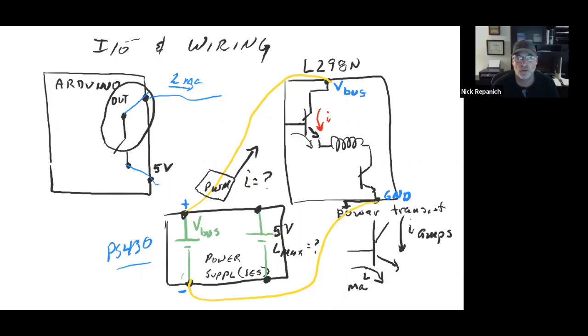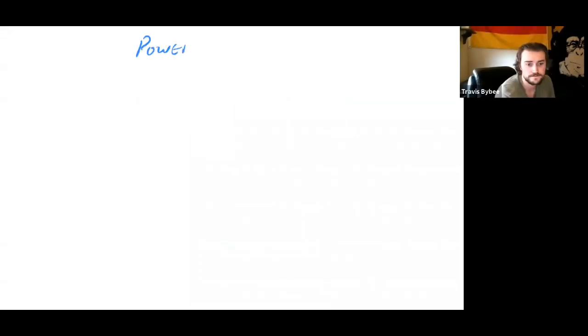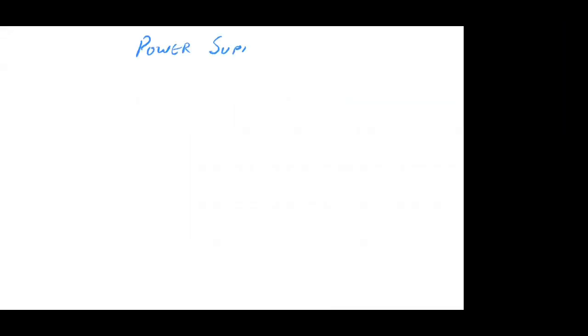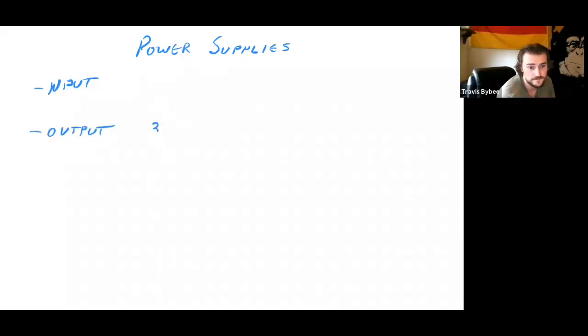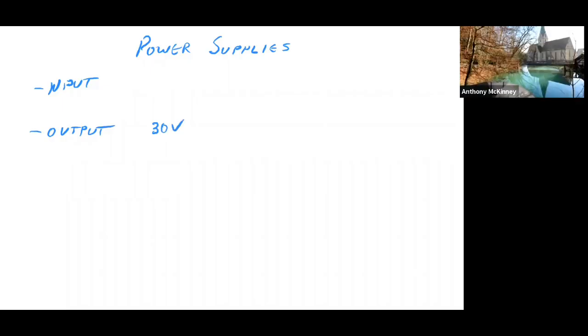What's the nominal voltage that you're supposed to get? Between 220 and 110, depending on where. Okay, that's input. That's input, yeah. What's the output? 30 volts? 30, yeah. 30 volts, 4 amps.